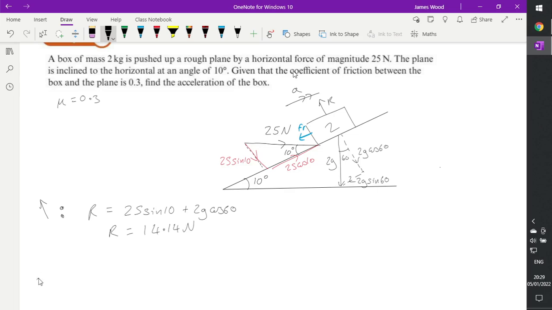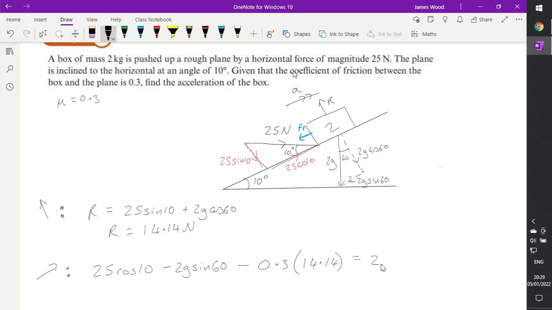And now we can resolve up the slope. So force going up the slope is 25 cos 10. Force is trying to stop it, so it's going to be minus 2g sine 60. That's the component of the weight here. And also minus friction, so it's going to be minus mu R. So that's minus 0.3, which was mu, times R, which is 14.14.